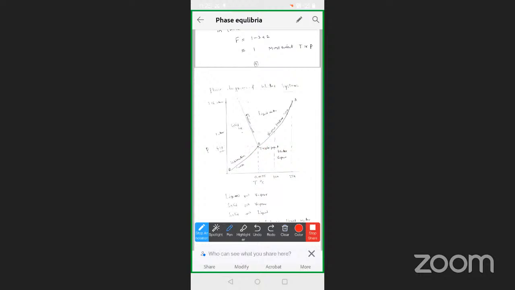From this diagram, liquid and vapor are in equilibrium. And solid and vapor are in equilibrium, that is sublimation. And solid and liquid are in equilibrium, that is fusion.